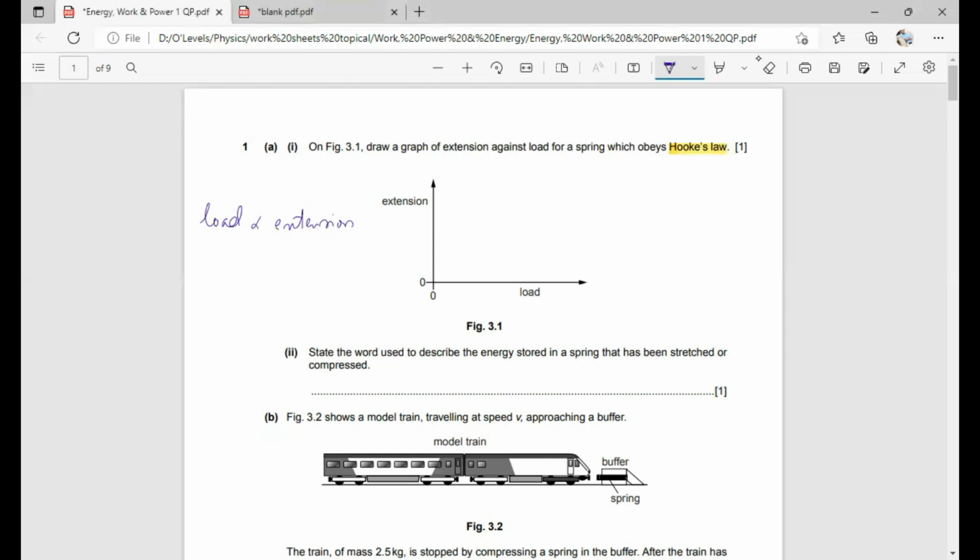Once we increase the load, extension will also increase. So the graph is a straight line through the origin because this is directly proportional.